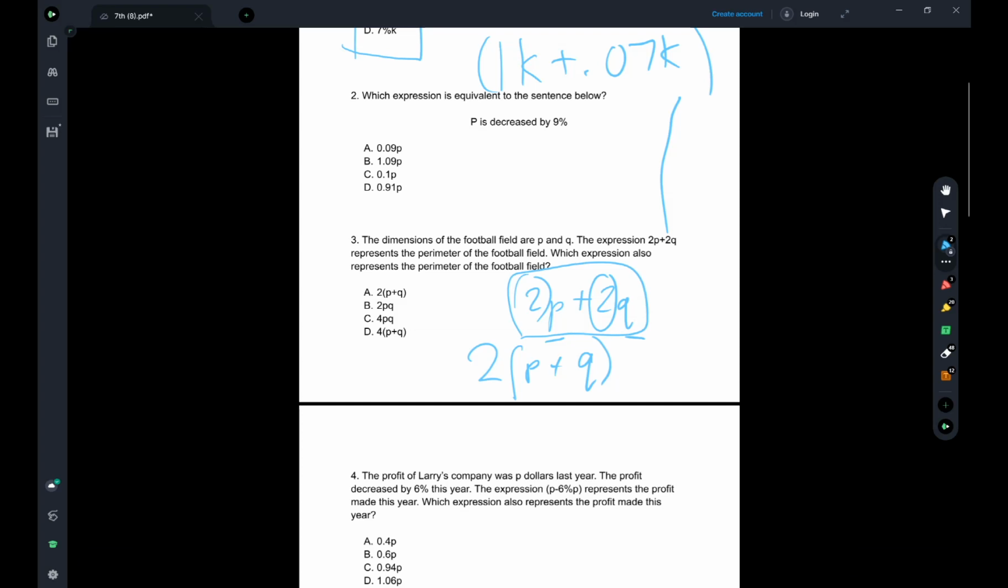So for example, let's say you've got 2 times 6 plus 9, and then you've also got 2 times 6 plus 2 times 9. So when you do this, you get 13, and then you multiply 13 by 2.